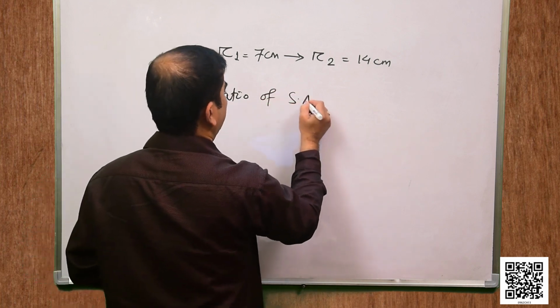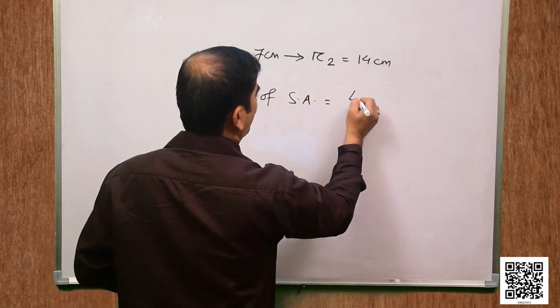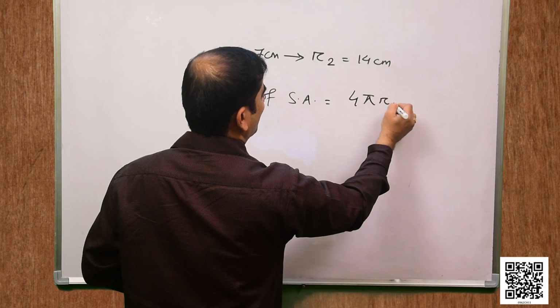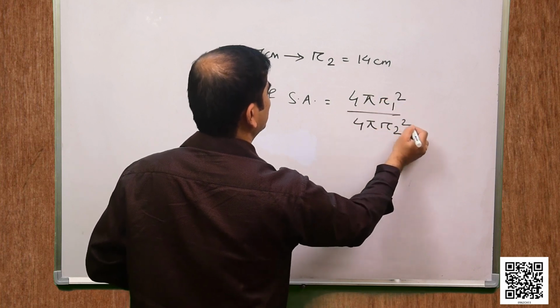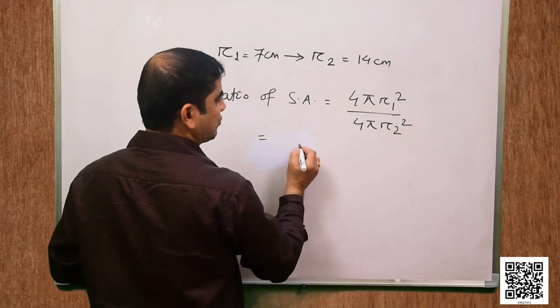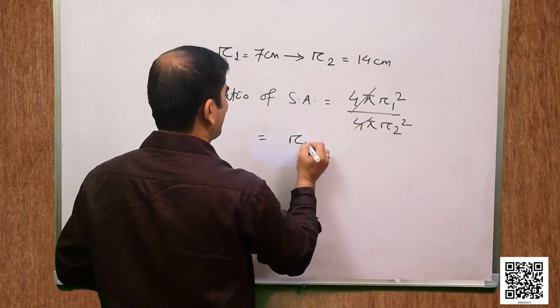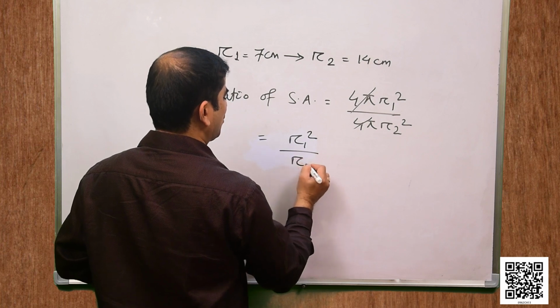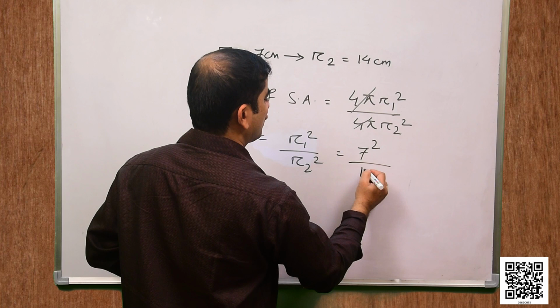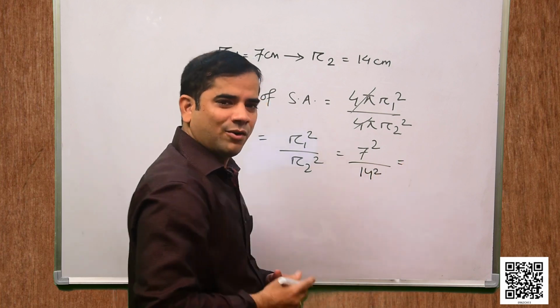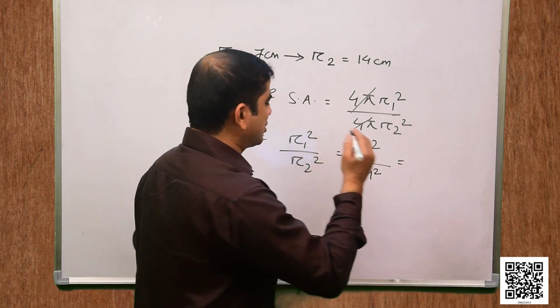So, in this case the ratio of surface area is equal to 4 pi r1 square by 4 pi r2 square, that is equal to r1 square by r2 square, or 7 square by 14 square.